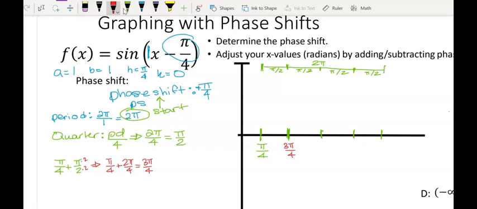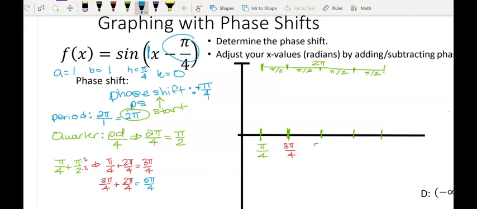Now I'm going to take that 3 pi over 4 and add 2 pi over 4 again to it. Notice, I'm not saying I'm going to add pi over 2, but pi over 2 and 2 pi over 4 are the same thing. I just wanted to add the thing that has the same common denominator. So when I add those together, that gets me 5 pi over 4.